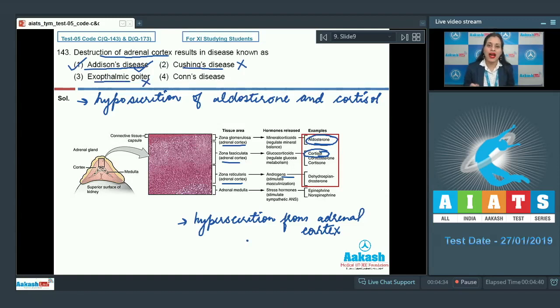Exophthalmic goiter occurs due to hypersecretion from thyroid gland.